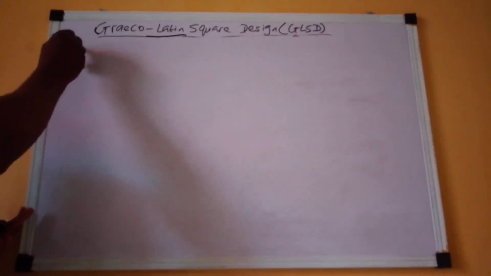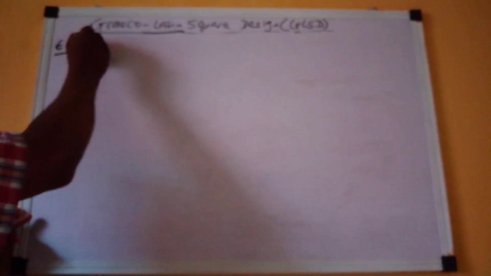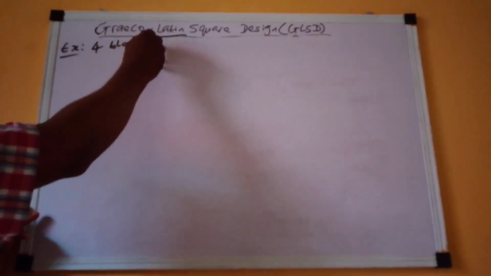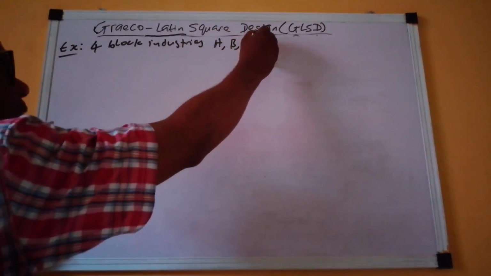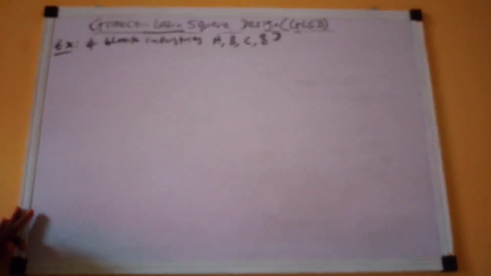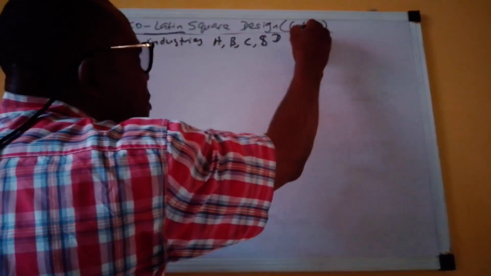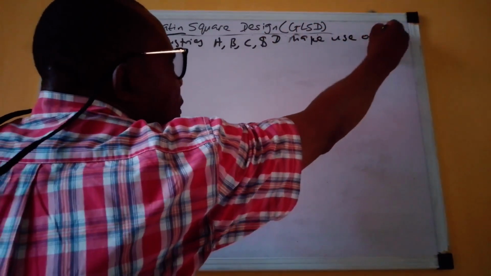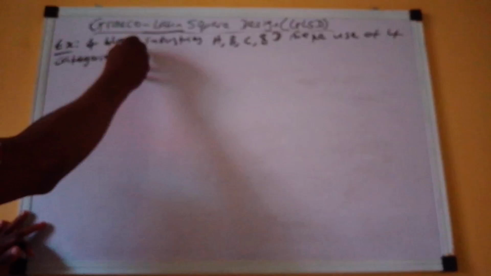Example: 4 block industries, A, B, C, and D, make use of 4 categories of cement.